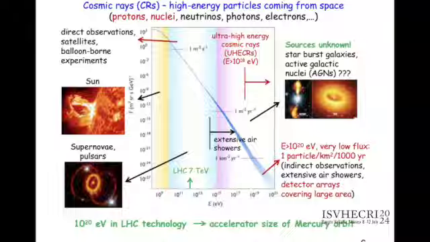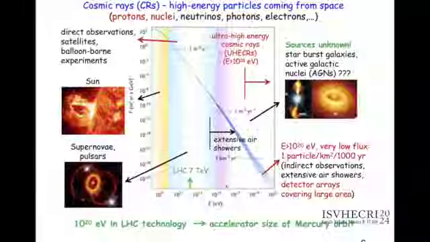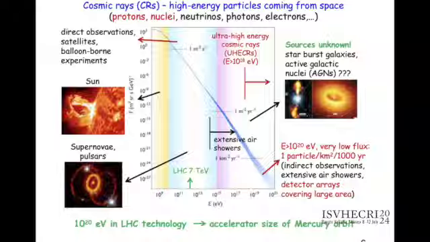On the other hand, if we go further and further in energies, we will find more energetic processes like starbursts and active galactic nuclei. But as we go further into energies, we see that the flux of cosmic rays dramatically decreases.